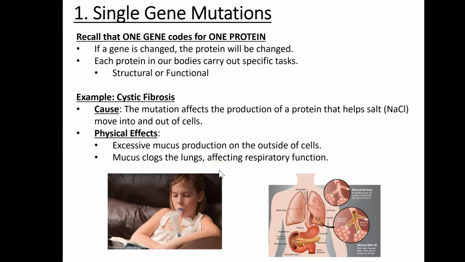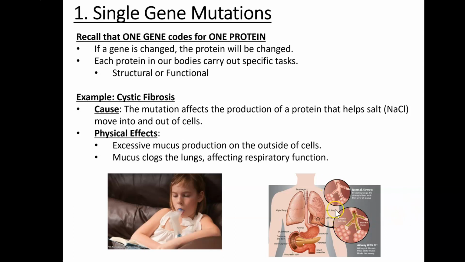So they have to use a special breathing apparatus to get rid of that excess mucus, and they have to do this hours and hours every day. So it's a very time-consuming and difficult thing, and people with cystic fibrosis are not able to breathe as normally as other people that don't have this genetic condition.